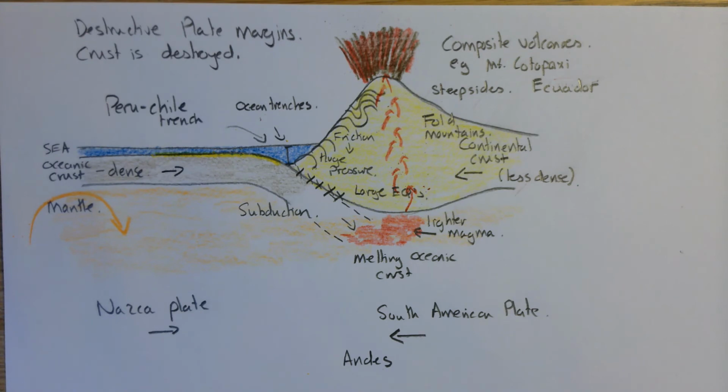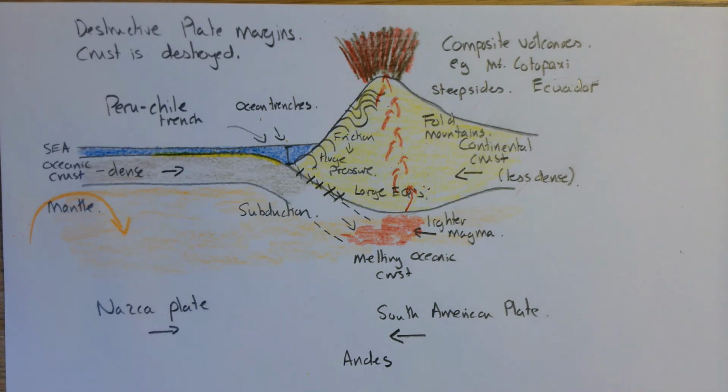In terms of landforms, what landforms can you find at destructive plate margins? That's right, fold mountains and ocean trenches, as well as volcanoes. Jolly good.